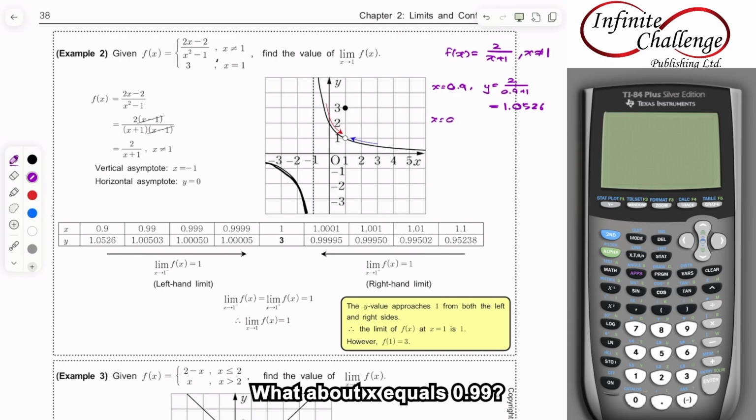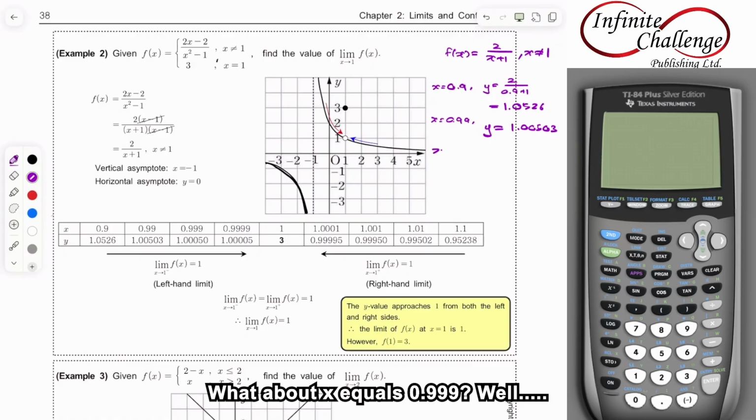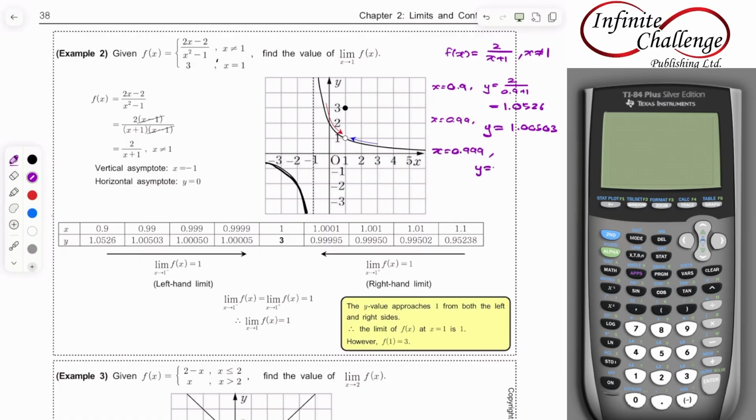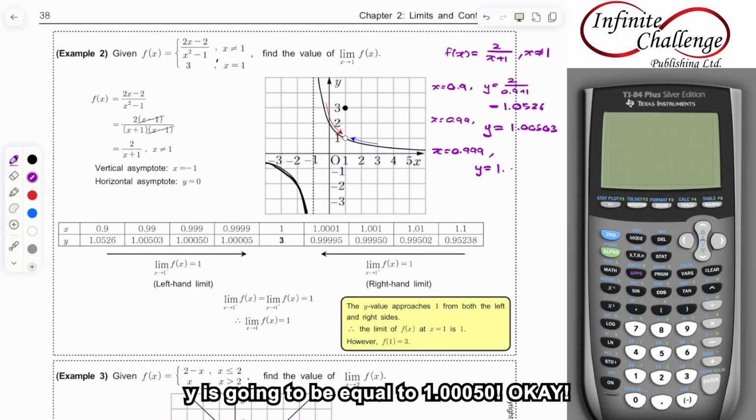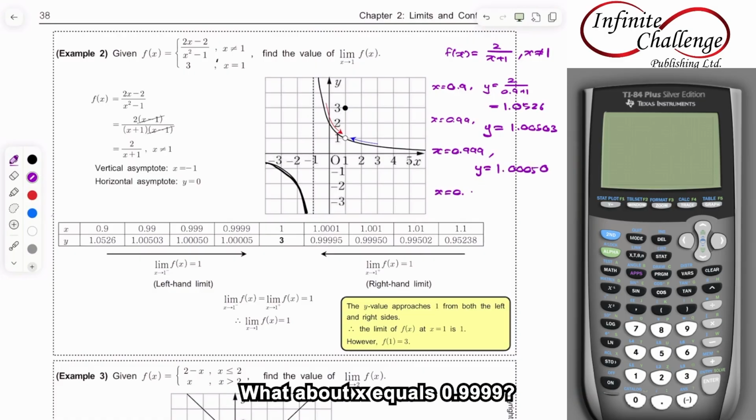1.0526. What about x equals 0.99? Well, good ma'am or sir, I say that y is equal to approximately 1.00503. Okay, what about x equals 0.999? Well, y is going to be equal to 1.00050. Okay, what about x equals 0.9999?